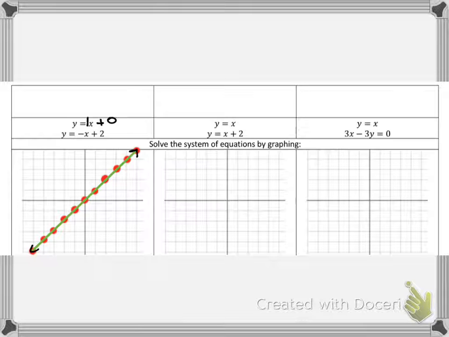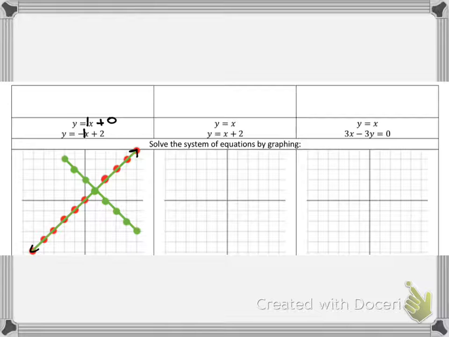What about the second line, y equals negative 1x plus 2? So here we are going to have a y-intercept of 2, and then we go down 1 and over 1, like so. So this time, I'll draw a line here and connect them.